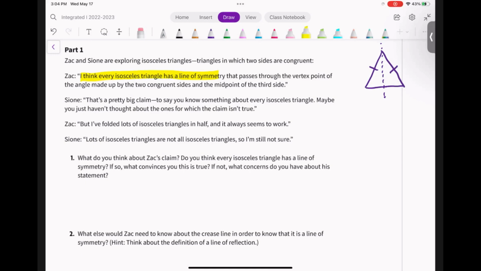Does that make sense? So in math, in order for you to make a statement about every isosceles triangle, you have to go through all of them. And let me just tell you, you can't go through all of them because there's an infinite amount. Okay. So he's basically doing a proof based on experimentation, which is not a valid proof method.